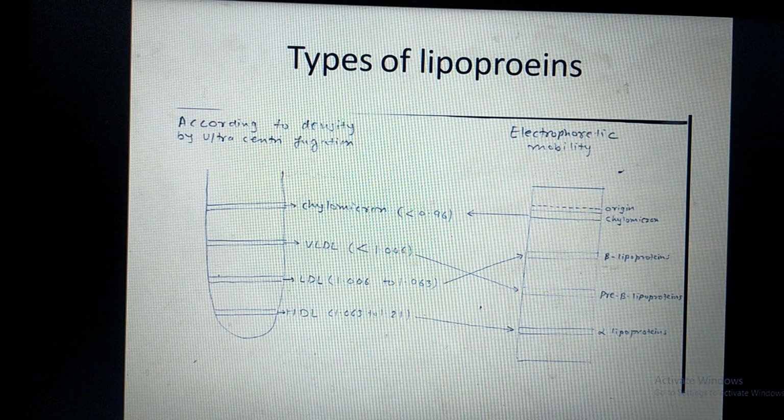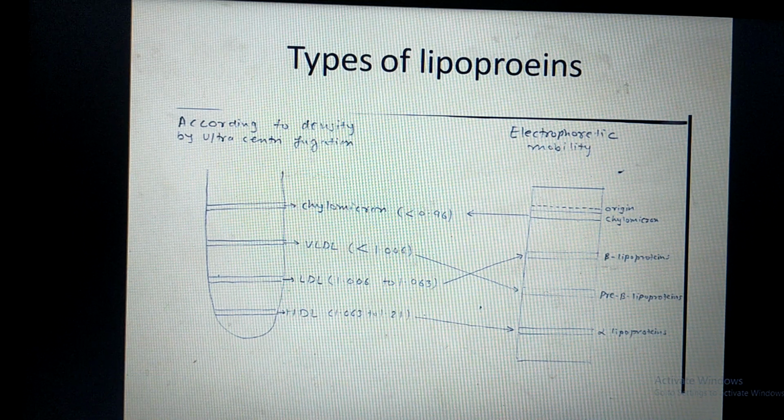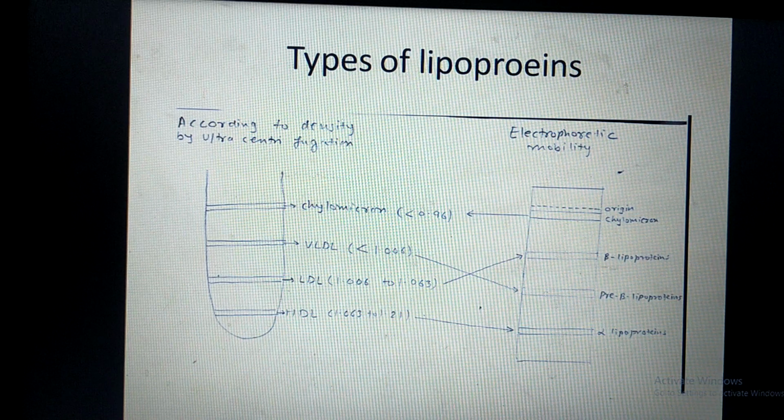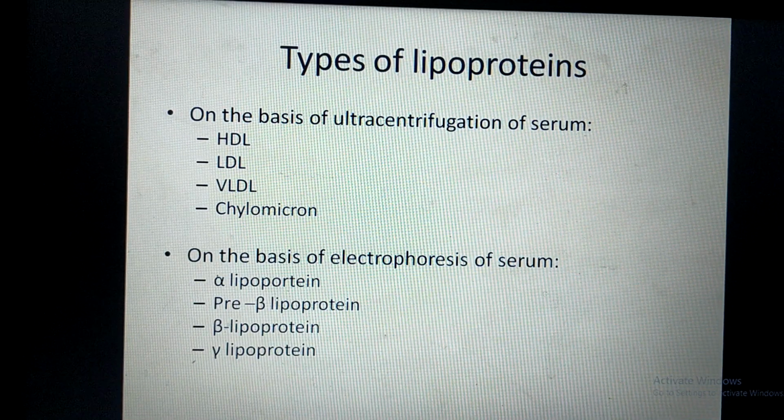The next band above LDL is VLDL, very low density lipoprotein, and the uppermost band is chylomicron, which has the lowest density, therefore it occupies the top. So the lipoproteins are classified depending upon their density into HDL, LDL, VLDL and chylomicron from below upward.